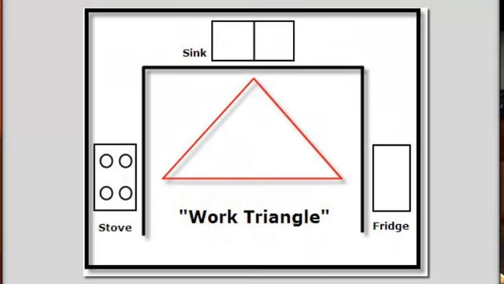in the area. Then you want to look at flow, and that is the relationship between the features and the functions. So we have here a diagram that is called the work triangle. This is a really common thing in kitchen planning.